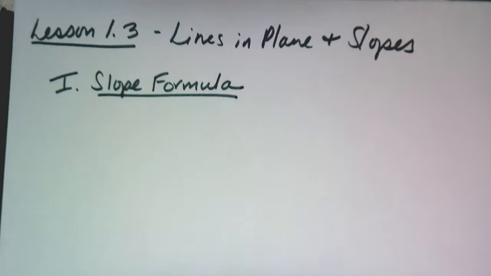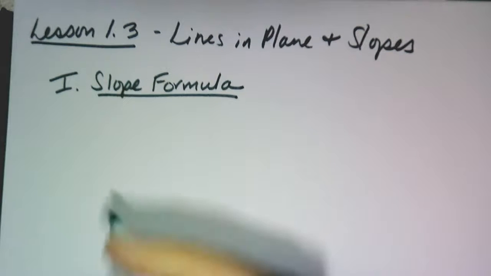Okay. So this lesson is actually the one lesson I really, really need you to do well in. It's really what you do for calculus in the next coming up chapter. You need to know slope, obviously. Slope formula.